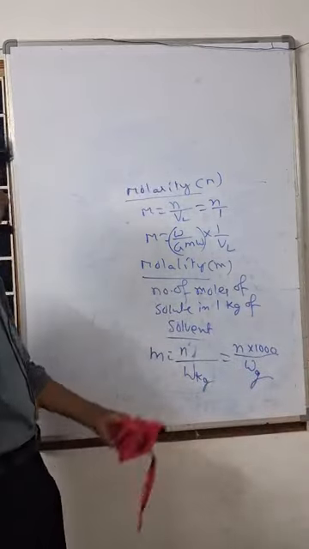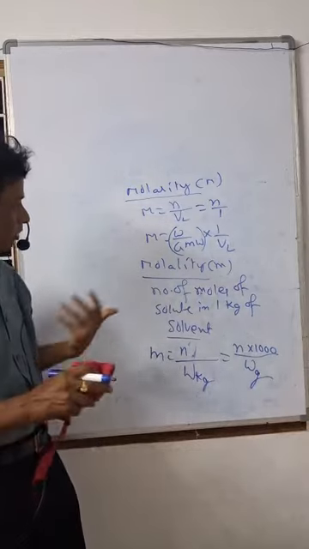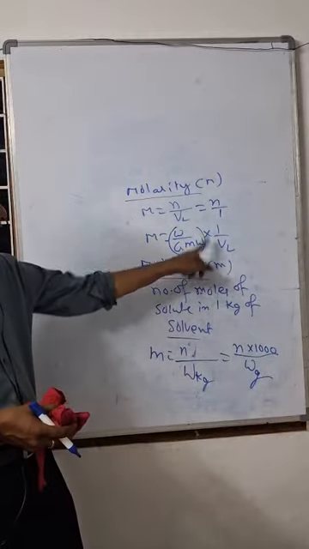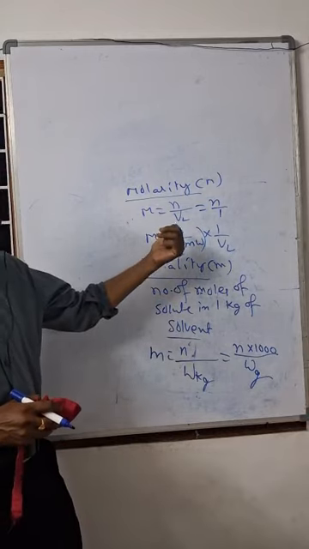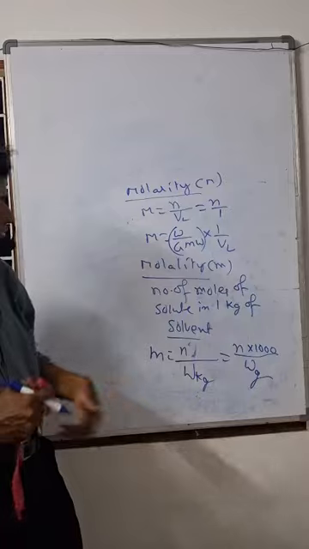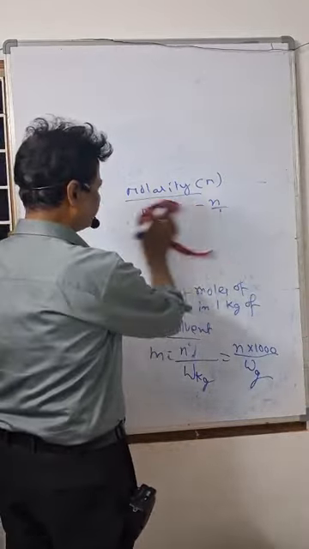First you learn the formula. To work this out, what are important? Volume, moles. How to find moles? Weight by molar mass. You should know weight. In these concentration terms, what are important?